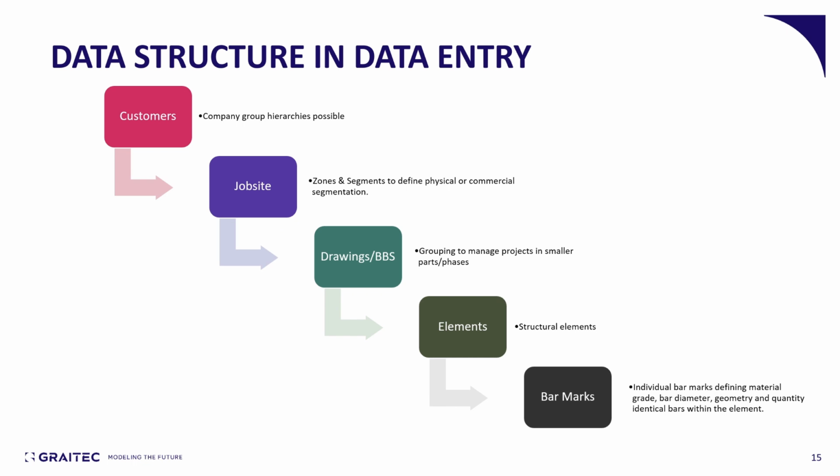So when we look into the hierarchy of our software, you have the customer, which is the company group hierarchy possible, and then that customer has multiple jobs, and that's projects. So you have multiple job sites, which are zones and segments defined with physical or commercial segments.